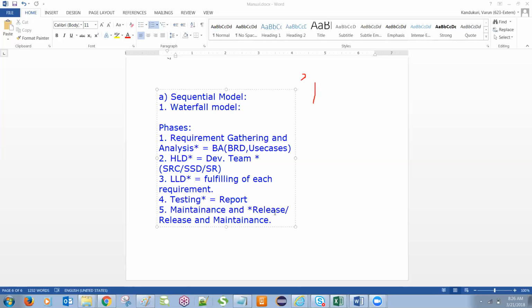That backend code may use any development language, either Java, .NET, or anything based on the requirement. Whatever backend code we use also depends on the customer. If the customer is a very high quality customer and is ready to pay for writing the code, then we'll mostly choose .NET.